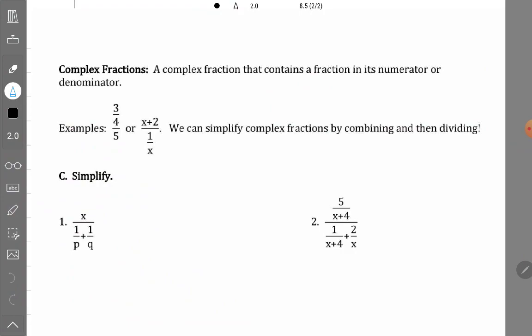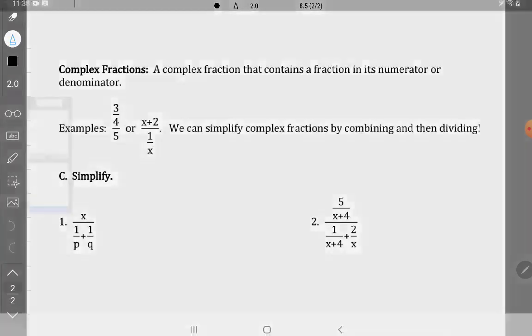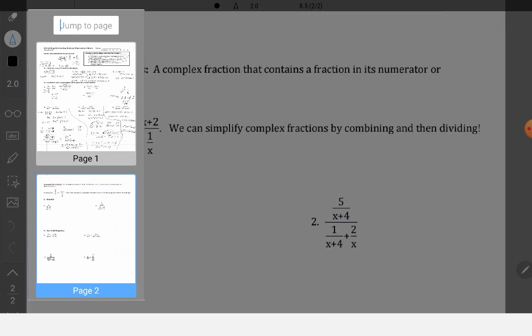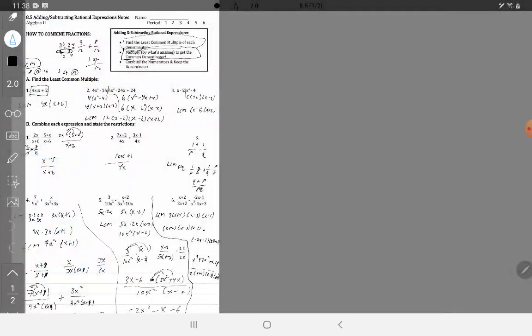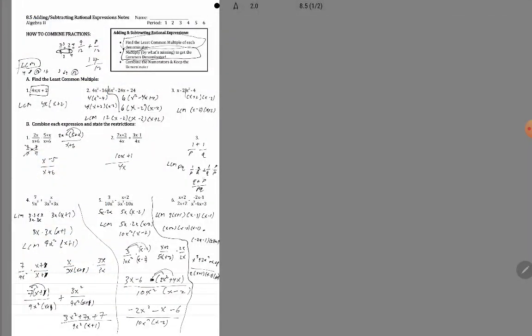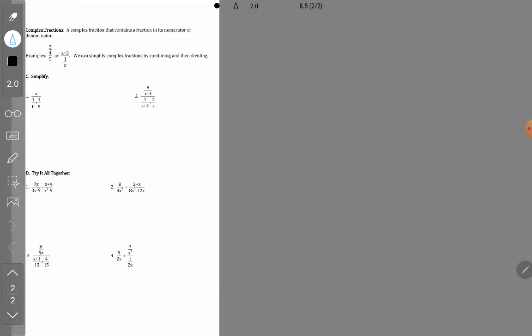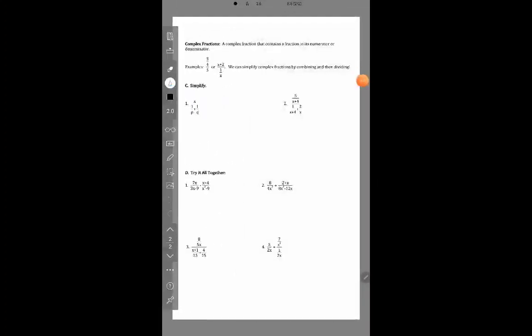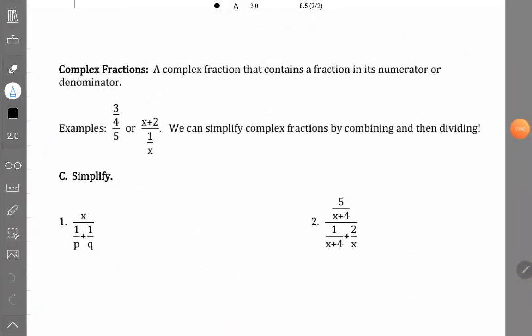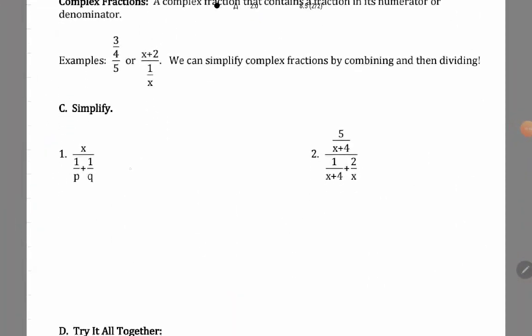So we had 1 over p plus 1 over q on the first page, which was number 3 here. Actually, I'll work it all out. Why not? So 1 over p plus 1 over q. So we've got to figure out this first before we can do stuff.